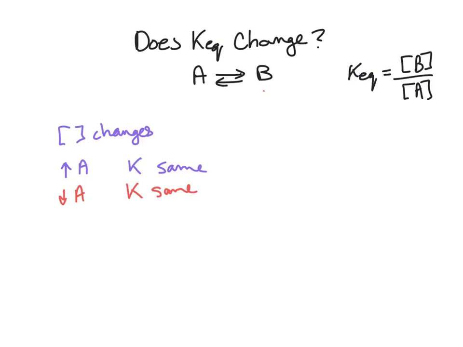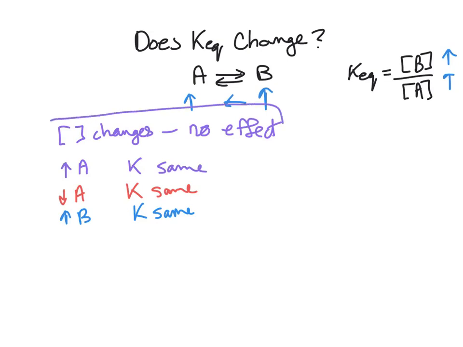Same thing with B. What if I increase B? This goes up. It's going to shift to the left to use up that B to make more A. Again, the ratio remains the same. So K is not affected by changes in concentration. Changes in concentration have no effect on the equilibrium constant.